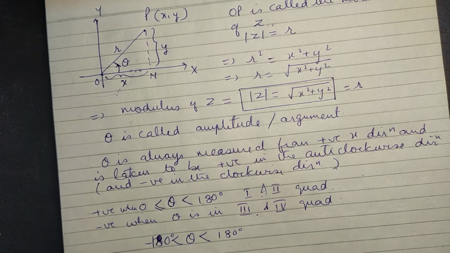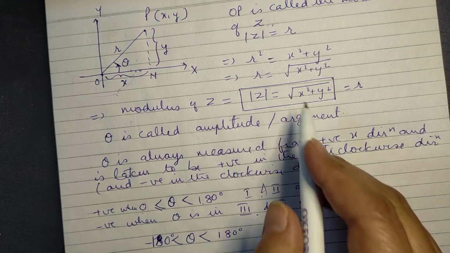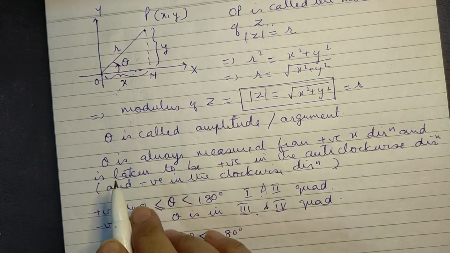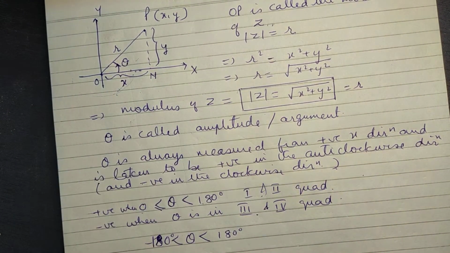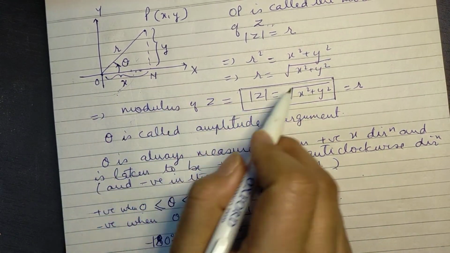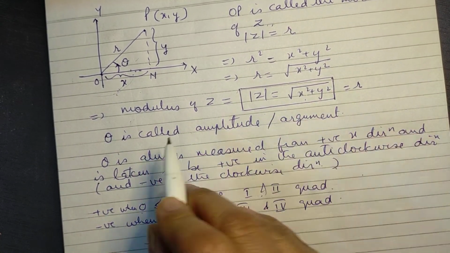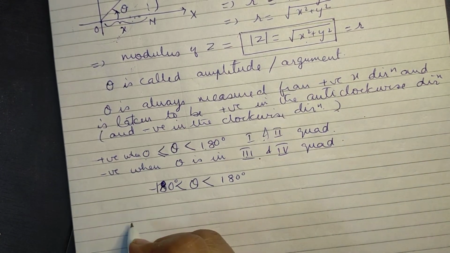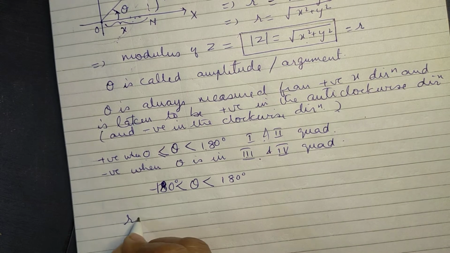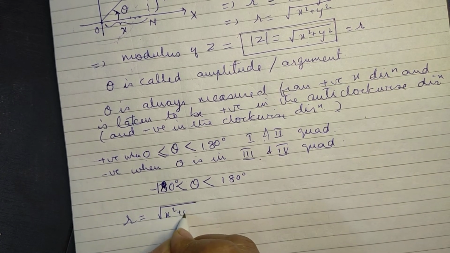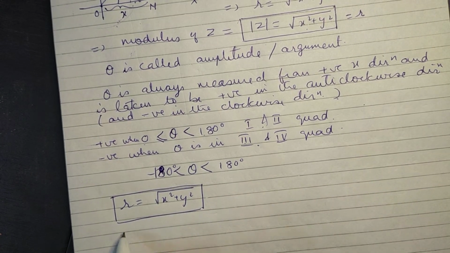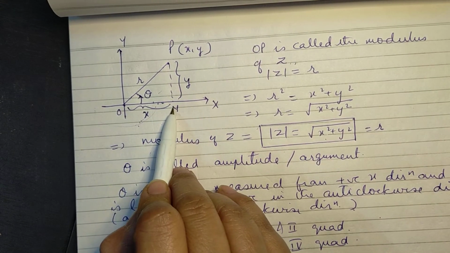Now let's take up how we find the value of theta in terms of x and y. For r we have seen it in terms of x and y, and theta also we need to write in terms of x and y. First of all, r is equal to the square root of x squared plus y squared. If you drop a perpendicular from here, that is ON.